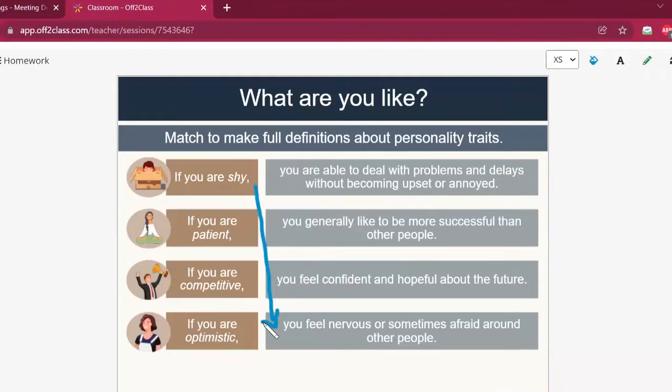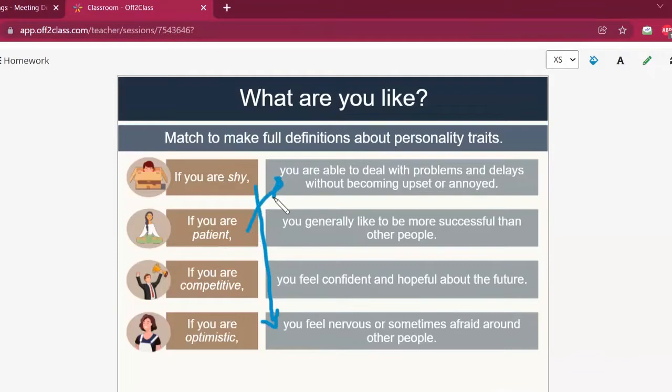Okay. Fatima, if you are patient, how is it going to be? What is the feeling? I think if you are patient, you are able to deal with problems and delays without becoming upset or annoyed.